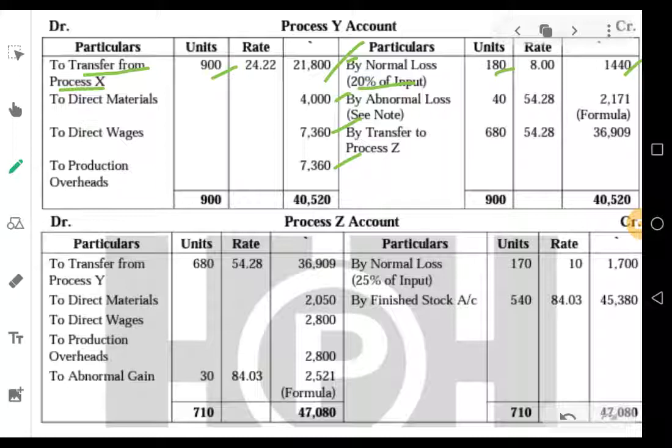Look at the number of units introduced into process Y, that is 900. From that 900, if you subtract 180 units, that is normal loss, you should get 720 units of expected output.